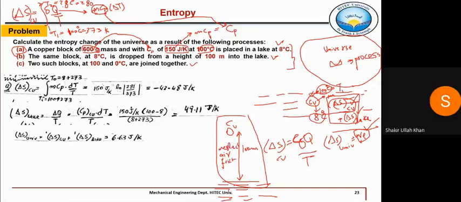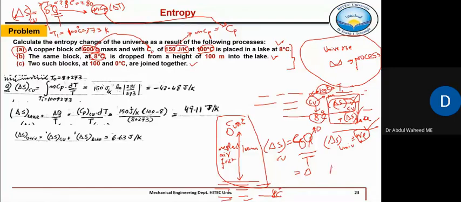No, sir. All right. So if there is no heat transfer, it means delta S of copper is 0. Because the entropy equation is delta Q by T, and during this process there is no heat transfer, because its temperature is the same 8 degrees Celsius. In this second case, the same block is at 8 degrees Celsius, and the lake is also at 8 degrees Celsius. So the temperature change is 0, so there is no heat transfer.